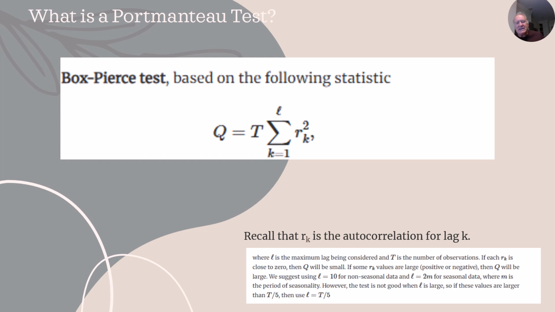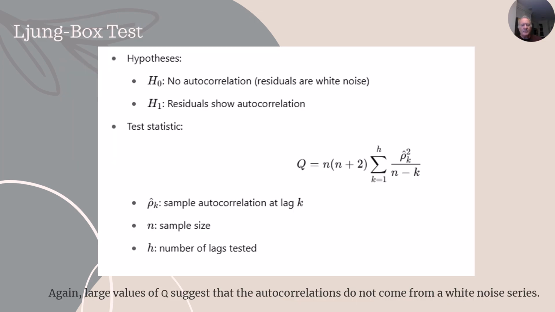For the Box-Pierce test, we look at the autocorrelation for lag K, sum them all up, and multiply by the number of observations. The hypotheses are H0, that there's no correlation and the residuals are white noise, and H1, that the residuals show an autocorrelation.